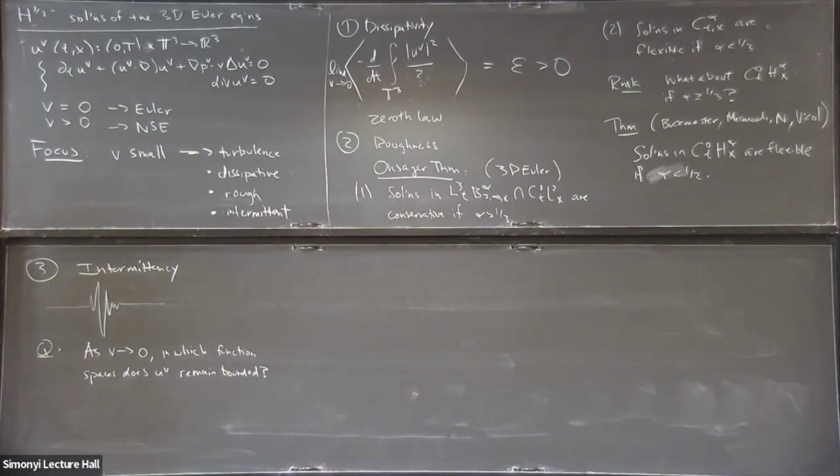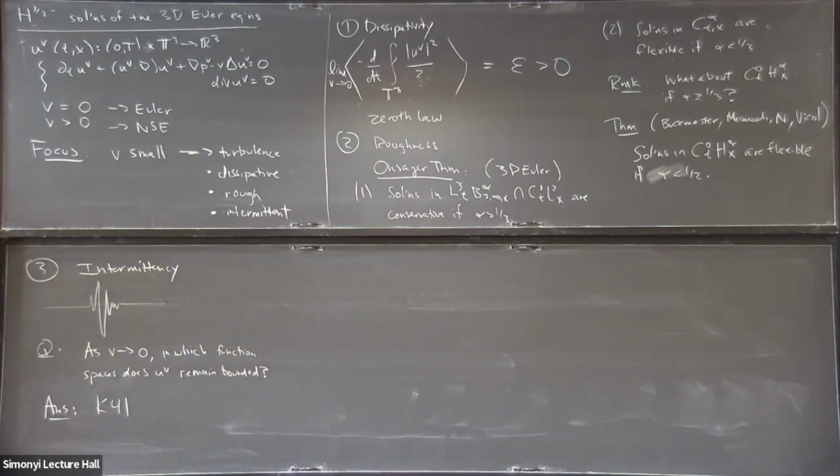And it is at this point that Kolmogorov's 1941 theory of turbulence figures in. He provided somewhat of an answer to this question. Let's say, answer, K41.